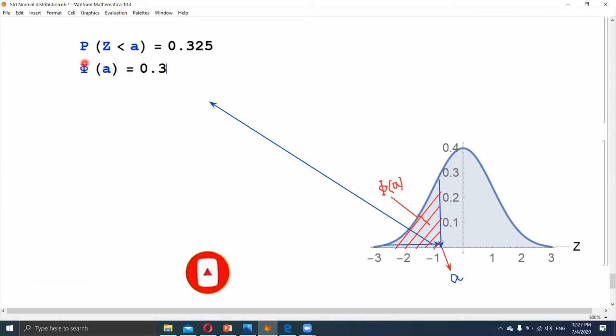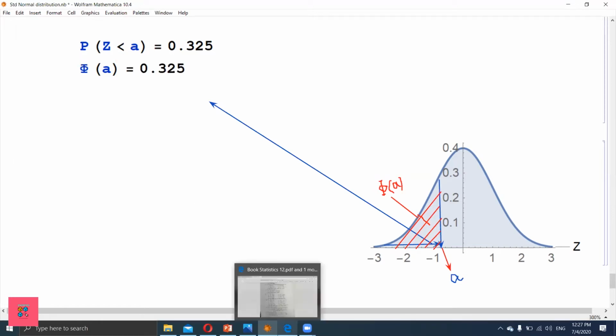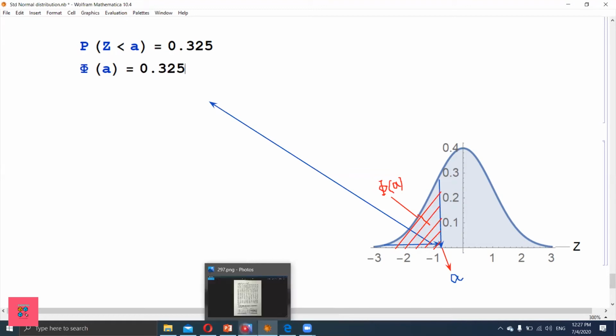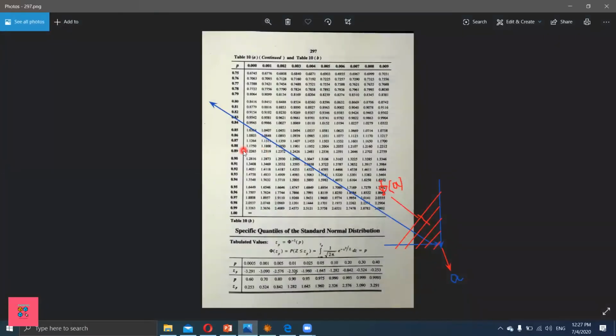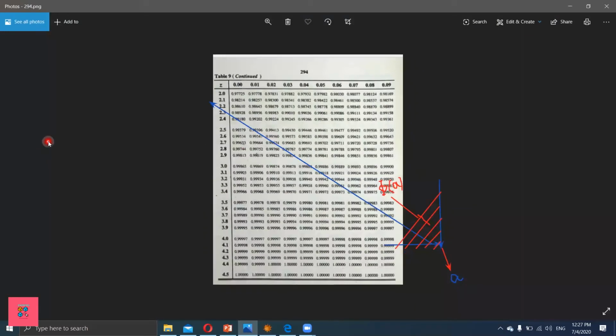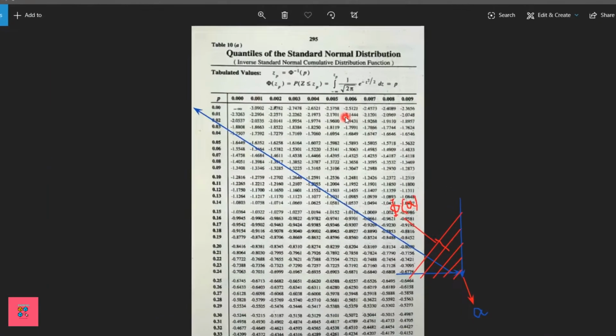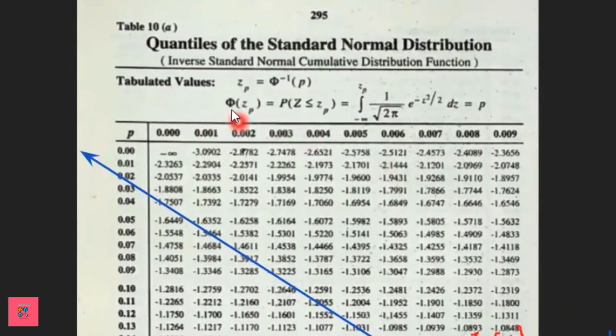We know that probability z less than a and phi of a are both the same, both equal. So we replaced the probability, and now from the table, we locate this table 10A, in which quantiles are given. You can see phi of c in the title of the table. So p is given as 0.325.